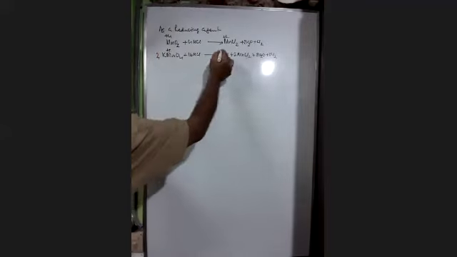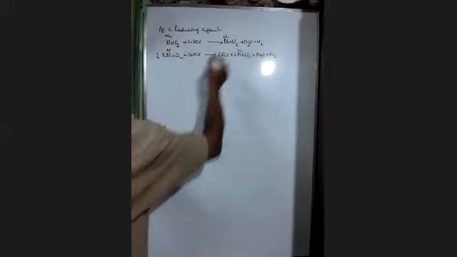Reduction of positive oxidation state is called reduction. If the positive oxidation state decreases, then it is called reduction. See here, this is plus 7 and this is plus 2. So HCl has reduced KMnO4. This equation is important for you, this one.